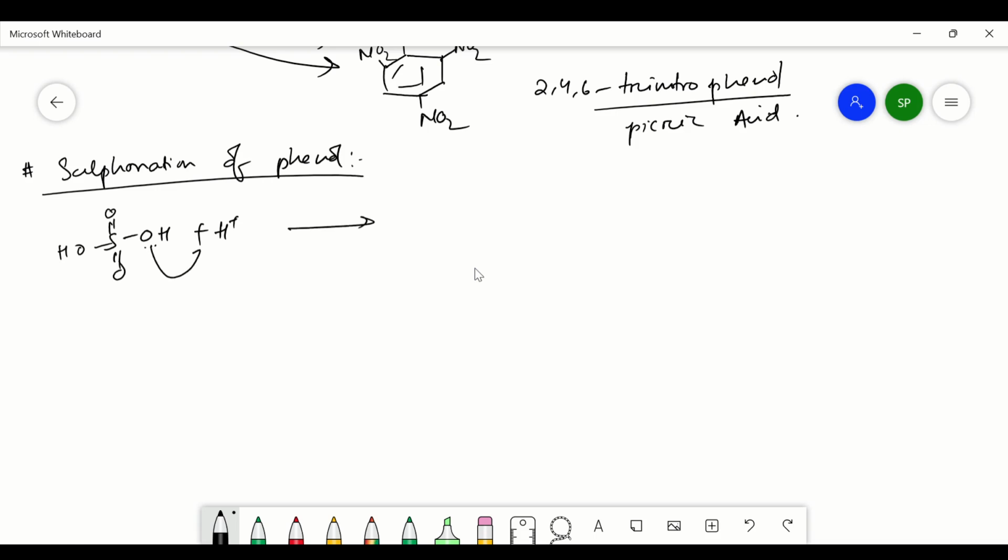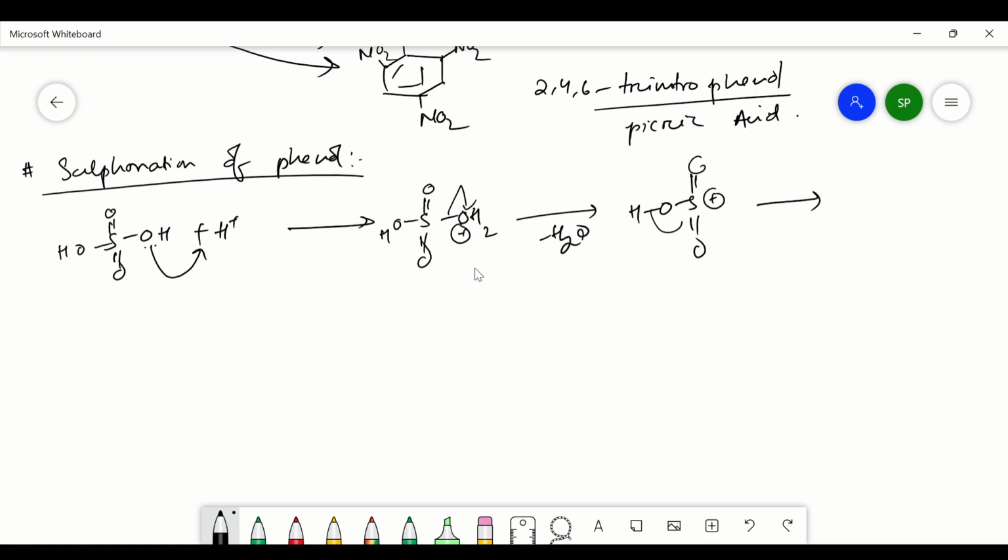In the first step there will be protonation, giving OH2 plus and a single bond OH. In the next step there will be removal of water, and formation of S double bond O plus double bond O OH. Then there is transfer of electrons, loss of H plus, and formation of SO3.